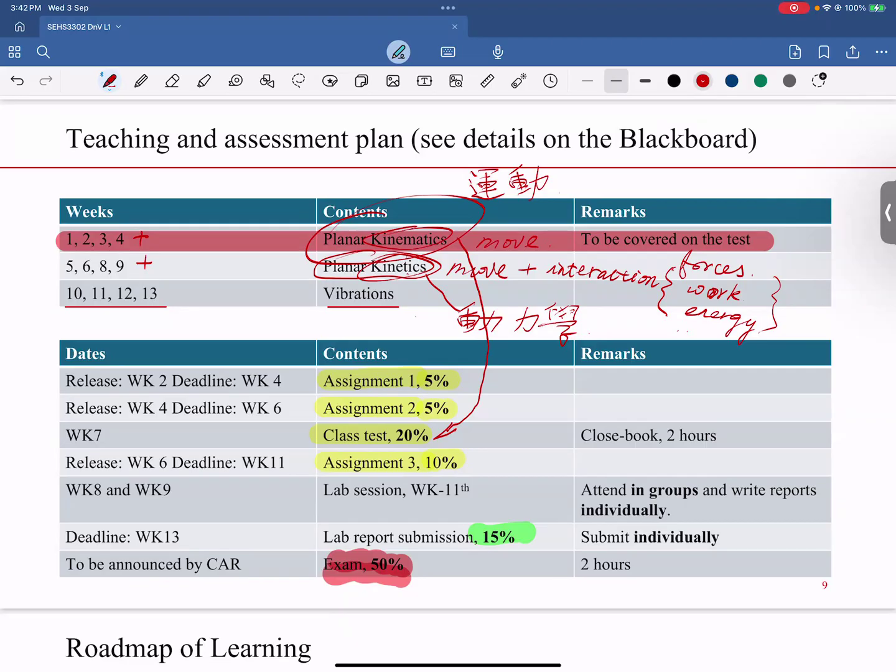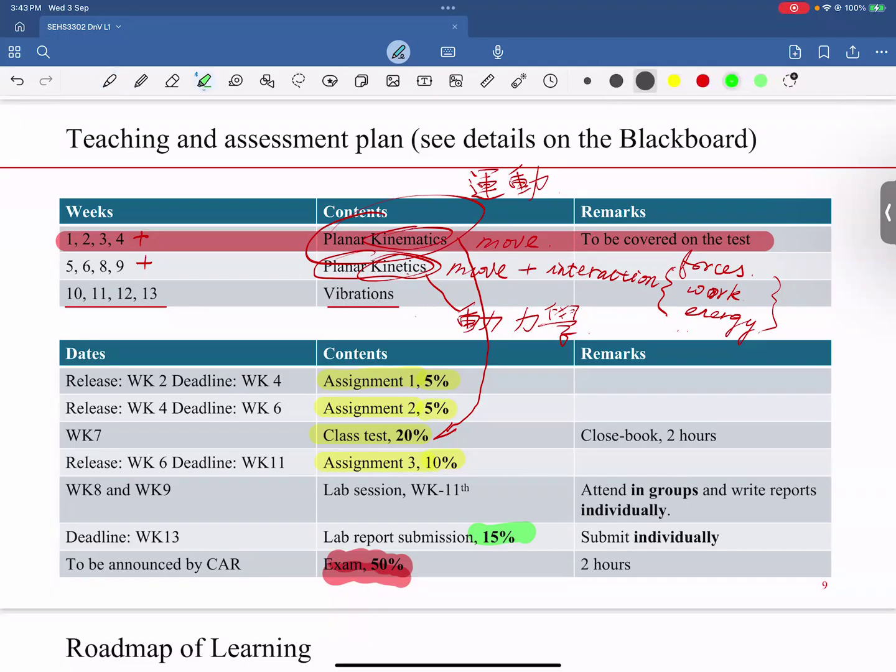So you attend the lab session group by group. For example, student A, B, C, D, E, maybe on Saturday, from 9 to 9:30. Okay, you have this lab session, and you get the data, right? And when you come back, these 5 students share this group of data and write your report individually.